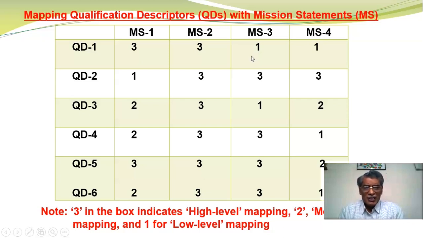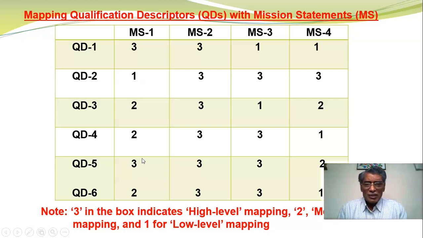However, you see here, for every mission statement, there are some qualification descriptors with 3. For MS4, there is mapping with 3, this QD2. For MS2, all qualification descriptors are mapping. MS1, you see, there are 2 with 3.